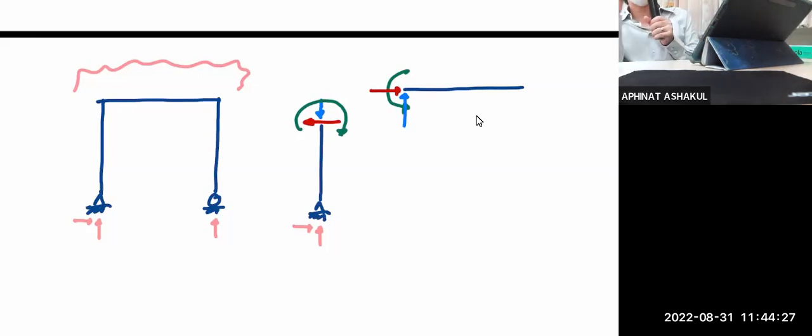Now, ladies and gentlemen, there's something you should know right away. Let's take a look at the column on the right. See what happens. I'm going to draw a free-body diagram again.